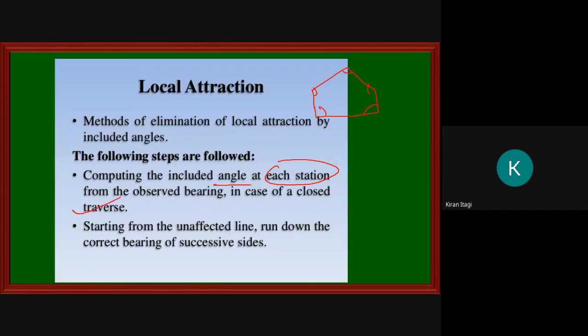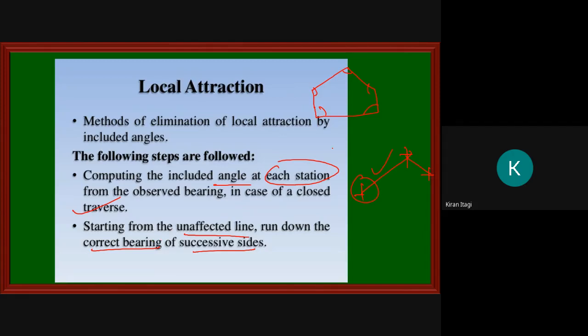Starting from the unaffected line, means when the forebearing and back bearing are the same, when you get the correct answer, then you will start from there. Starting from the unaffected line, run down the corrected bearings of the successive sides, then go on correcting the successive sides.